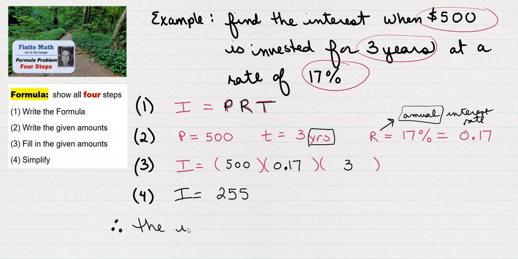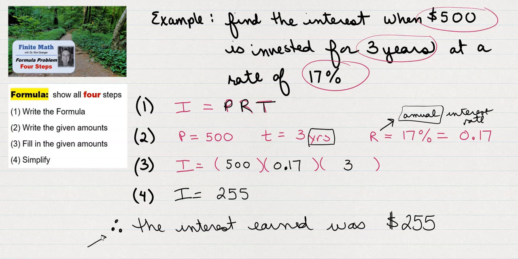Therefore, the interest earned was $255. And notice I'm going to put the dollars on there as I answer the final question. Therefore, the interest earned was $255.